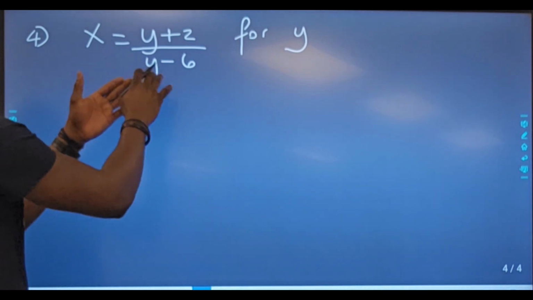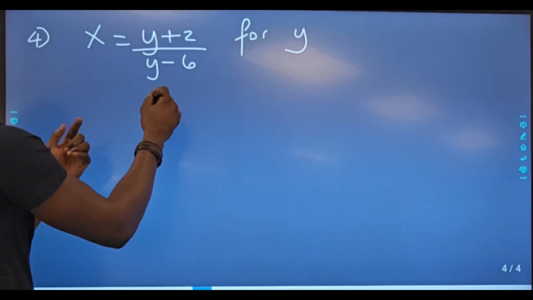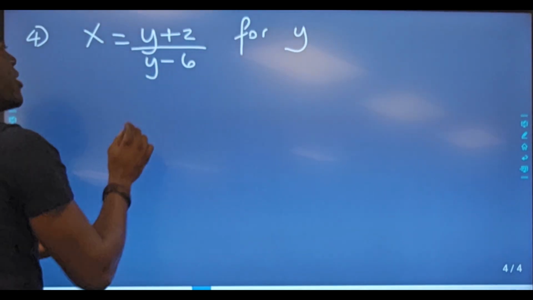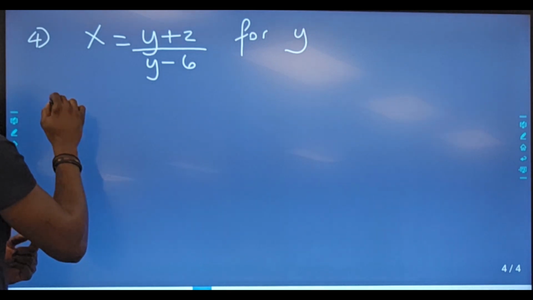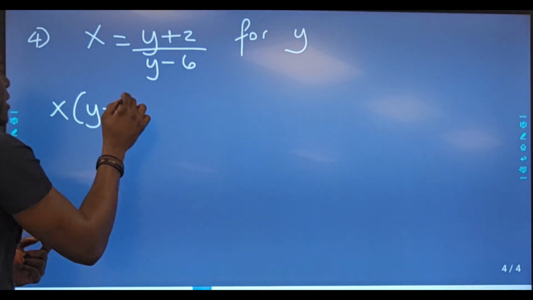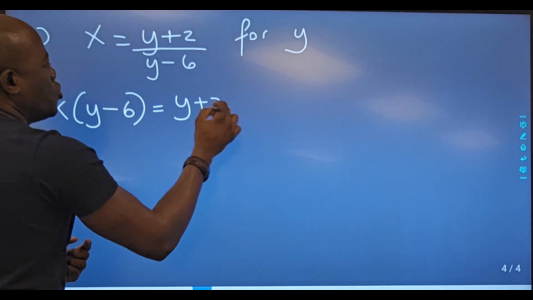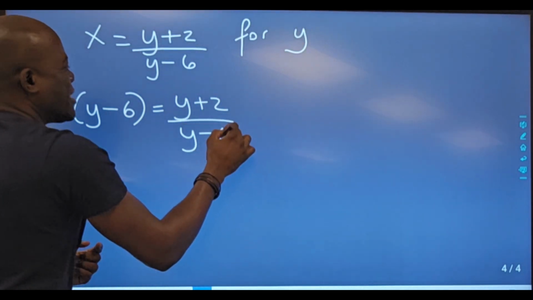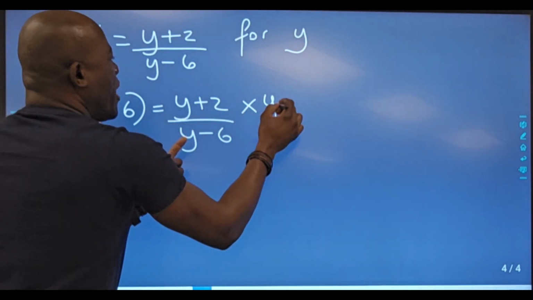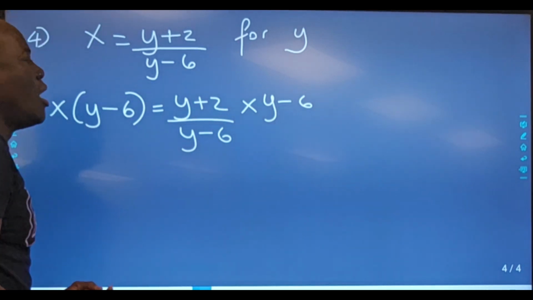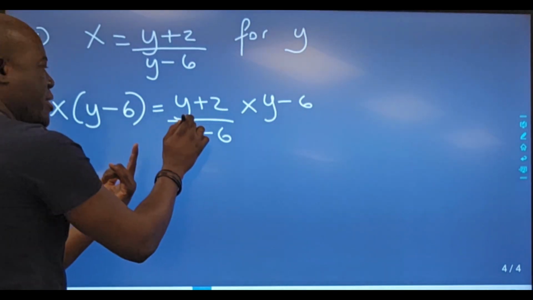Firstly, I want to get rid of my fraction. So I'm going to have to multiply everything by y minus 6. So I'm going to have x times y minus 6. And this is equal to y plus 2 all over y minus 6. And I will multiply this by y minus 6. We did it because we want to get rid of the fraction.